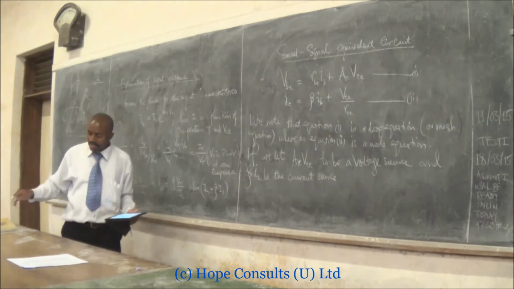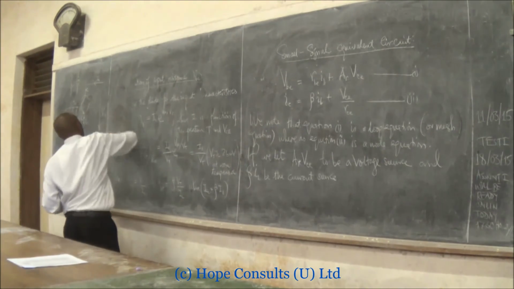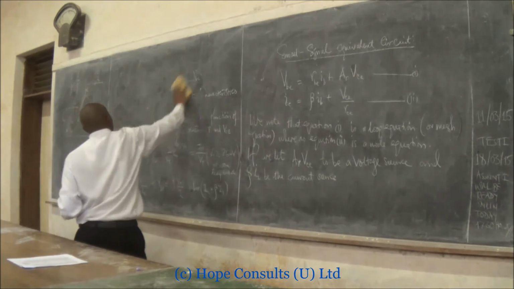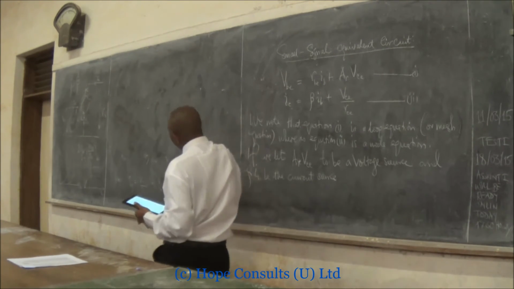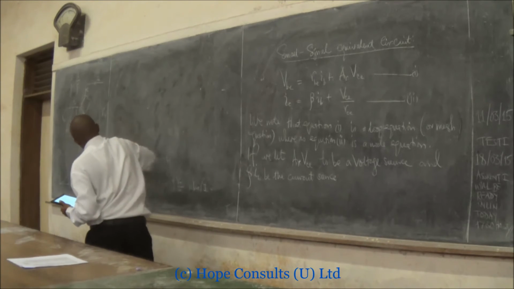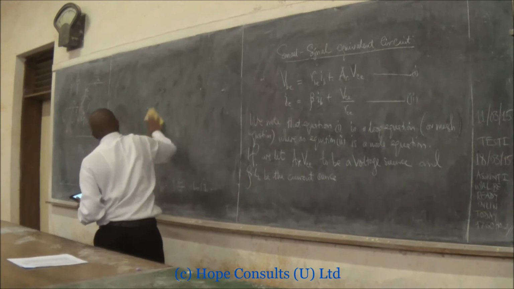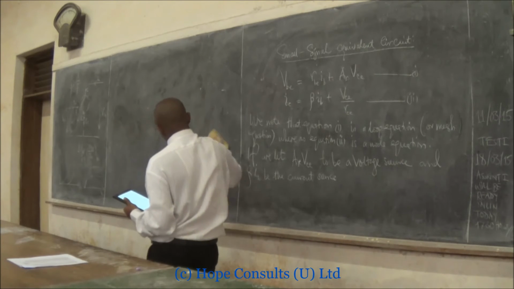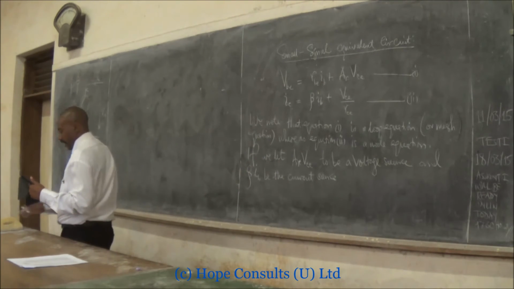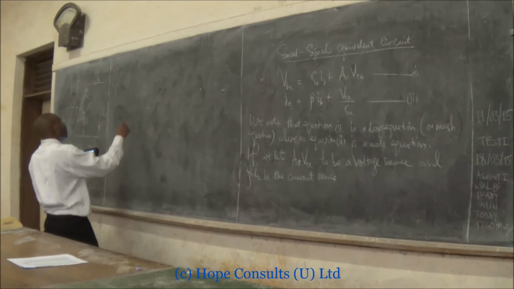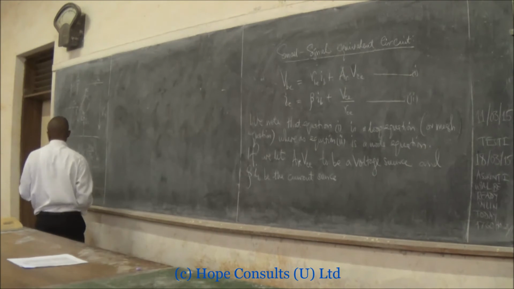So if we do that, we can now draw our transistor circuit and get an equivalent circuit that makes us understand better what is going on within our transistor. I have my base.